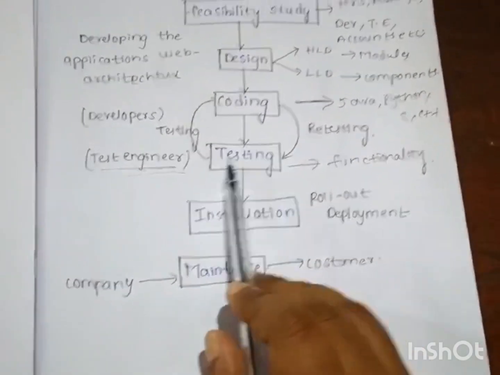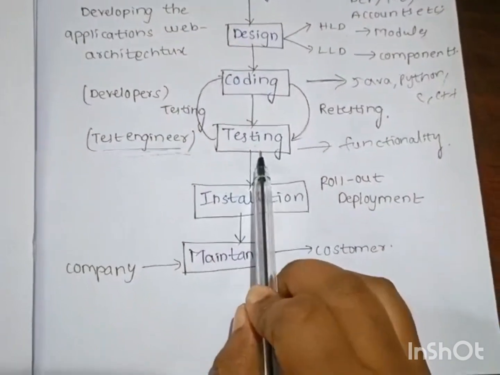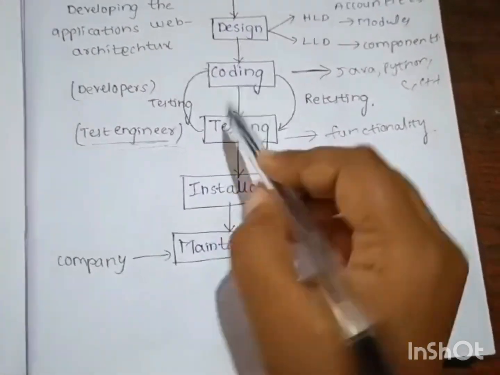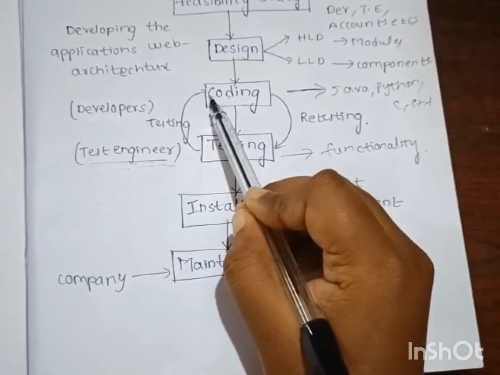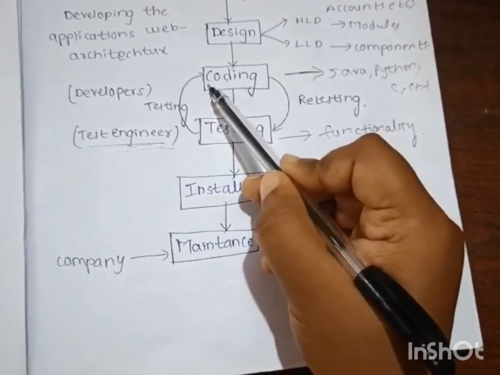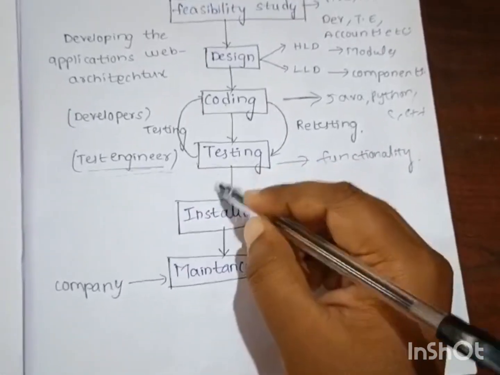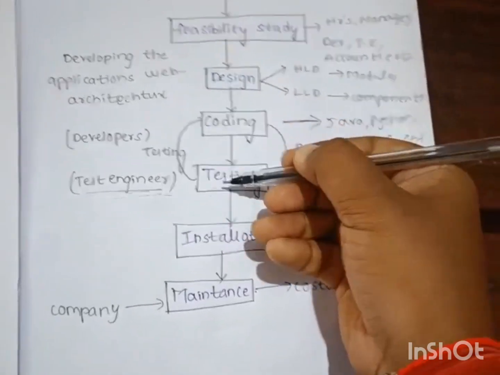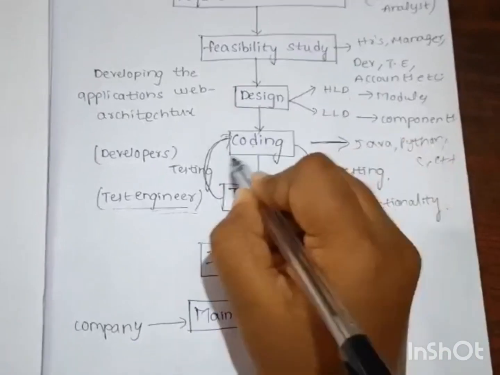During this testing process, they will find some bugs. If they find some bugs, they will report to the developers, in the coding phase. The developers will fix them and send back to the test engineers for retesting.